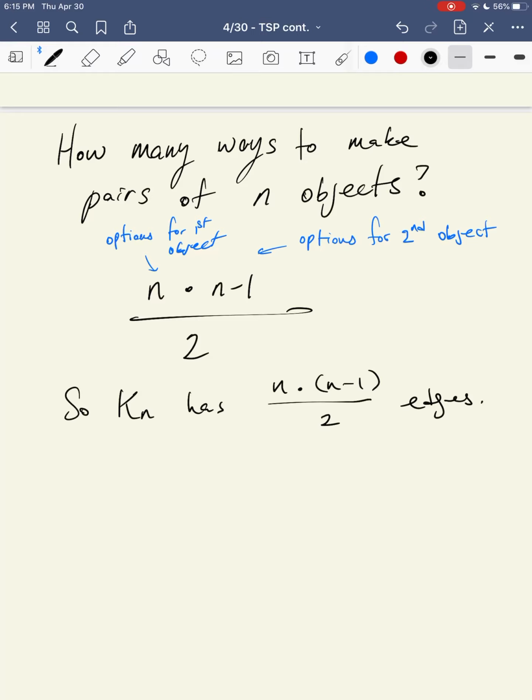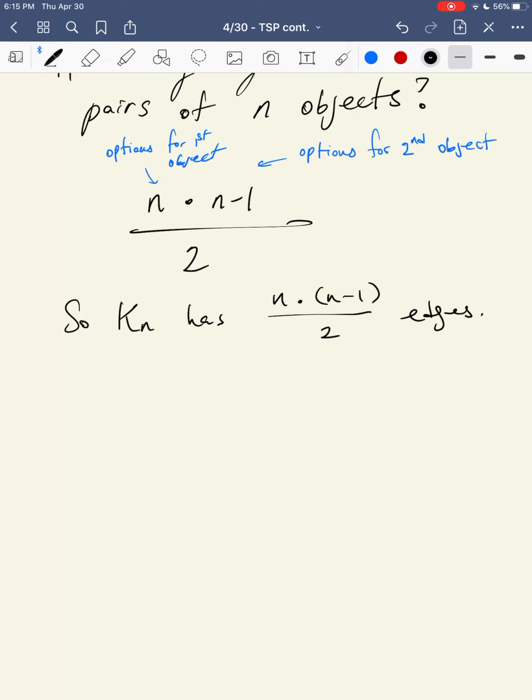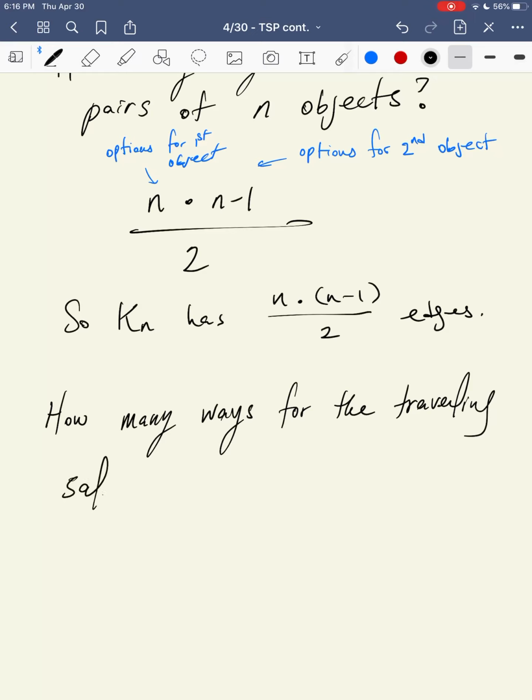Good. So now we're going back to the traveling salesman. So I'll do a little note. How many ways are there for the traveling salesman to visit every city? I'll let you think about that.